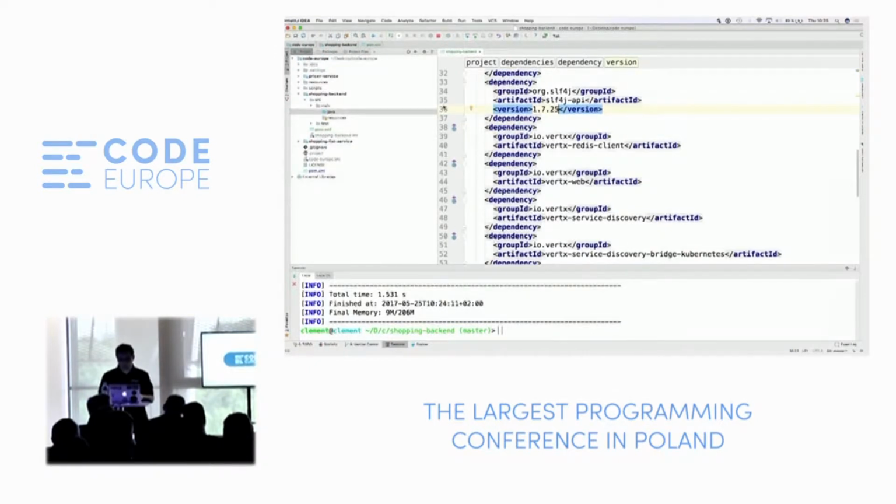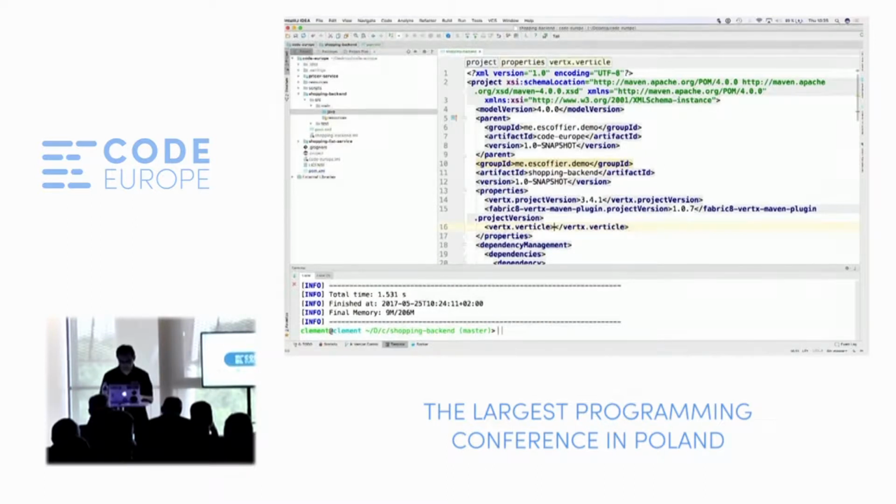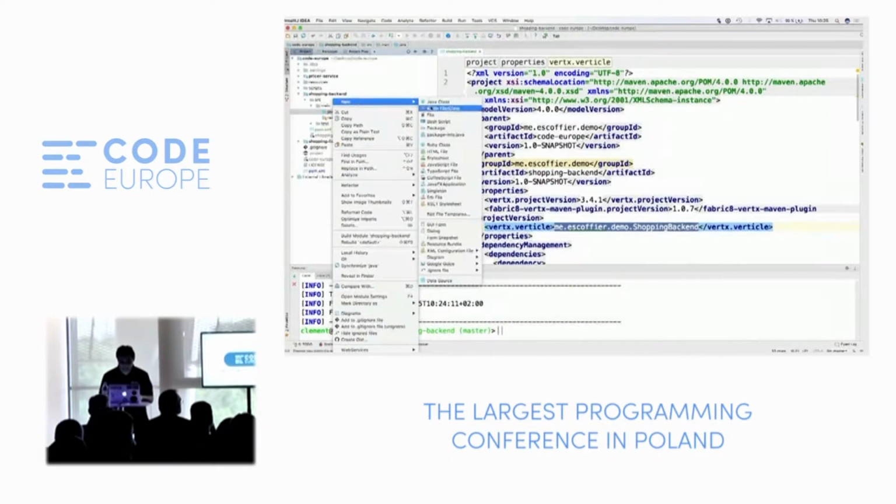So what's a verticle? A verticle is just a Vert.x component, and that's going to be the entry point of my application. And let's call it me.escoffier.demo.ShoppingBackend. And this will be a Java class that I'm going to create right now. There it is, that's my Java class.